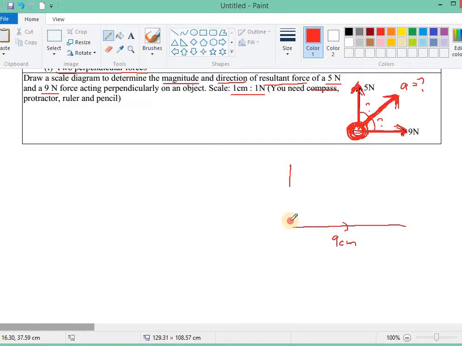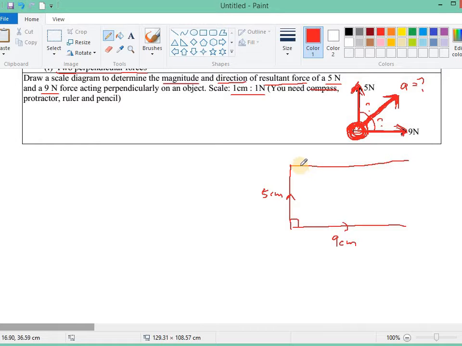Over here, we use a protractor and measure 90 degrees, and then we measure 5 centimeters because this force is 5 Newton. After that, we draw this 9 centimeters over here.